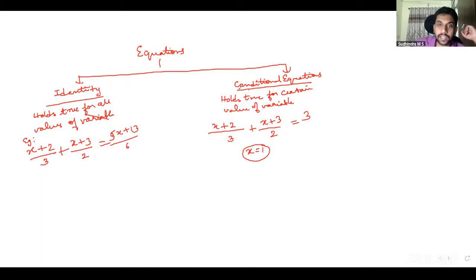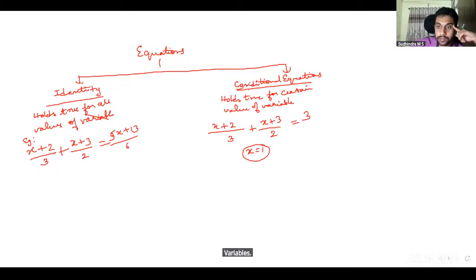Then right hand side, conditional equation. An equation which holds true for certain values of the variables.